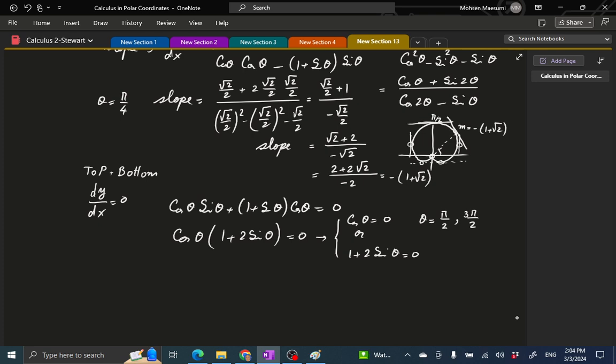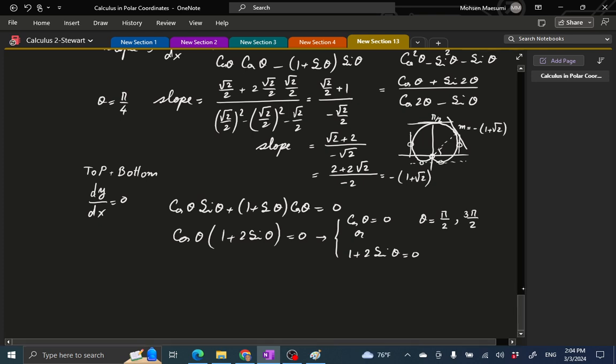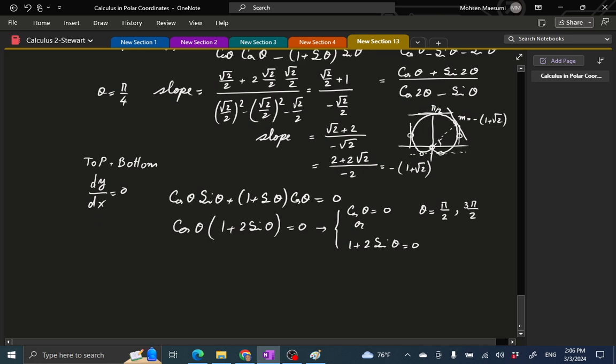What happens at 3 pi over 2? So let's rewrite our derivative to double check what's happening at these two points. Nothing unusual at pi over 2, but this 3 pi over 2 deserves more attention.